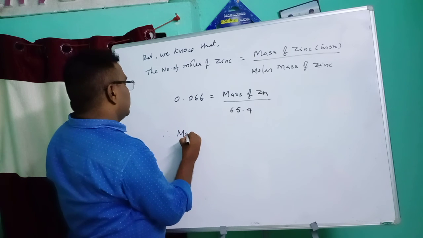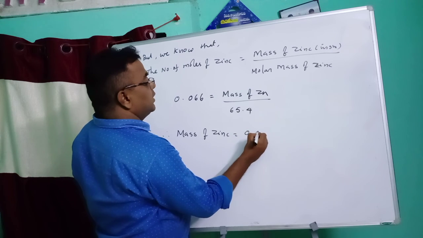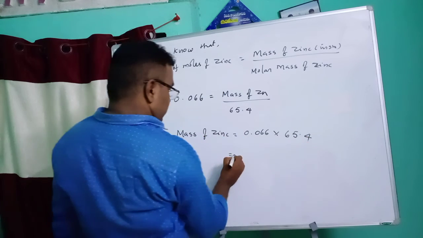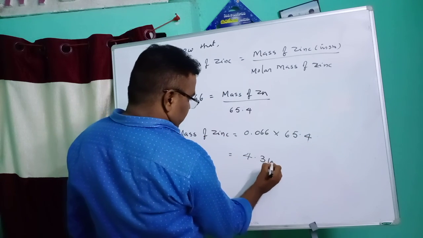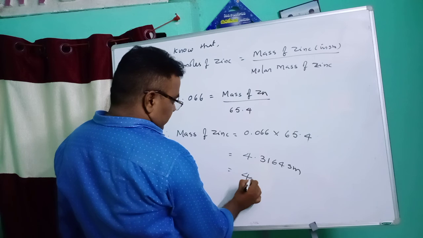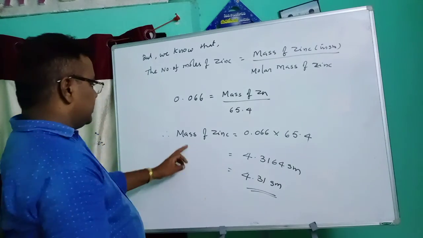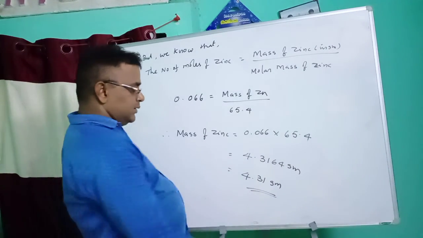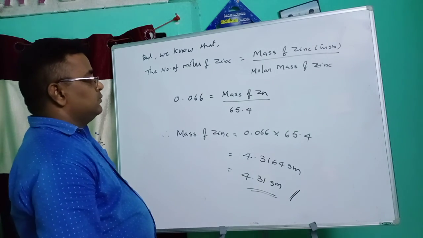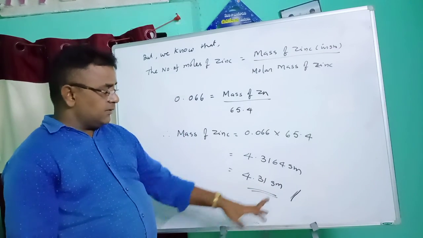Therefore, the mass of zinc is equal to 0.066 into 65.4, which is 4.3164 grams. After the decimal point we take two values, so 4.31 grams. So the mass of zinc is equal to 4.31 grams.